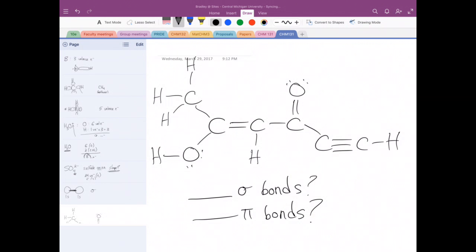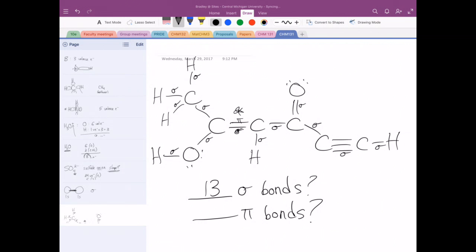Just remember that sigma bonds are the head-on overlap of orbitals, and they're all the single bonds. Counting sigmas, we would have 1, 2, 3, 4, 5, 6, 7, 8, 9, 10, 11, 12, 13 sigmas. In multiple bonds, for instance in this one, I counted one as a sigma, the other one is a pi.